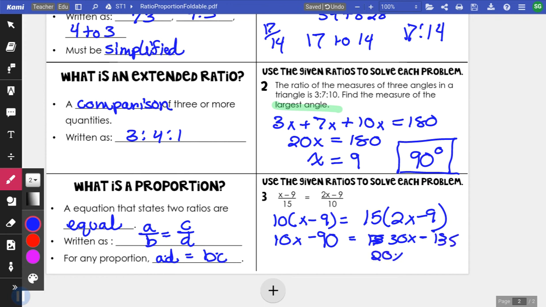So 20x equals 45. So I got x equals 2.25. And that solves the proportion.